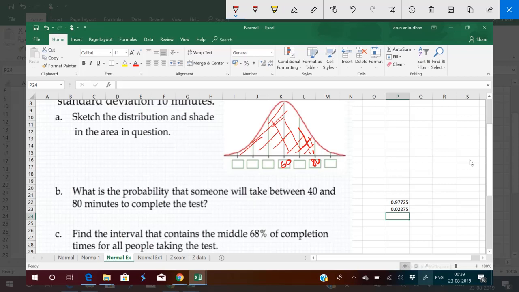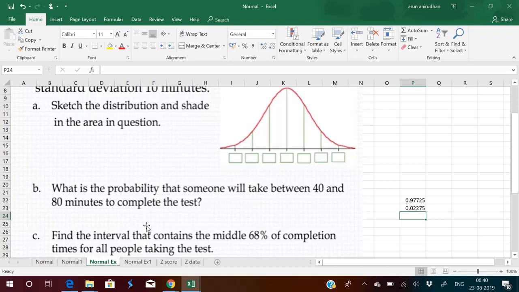So to get this area, we have to subtract this area from 1. That's what we did here. 1 minus this area, the shaded area. That is 0.97725. This gives this value. Okay. Hope you understood.